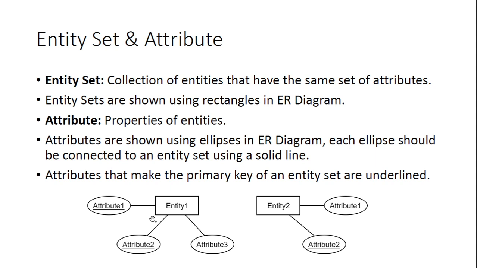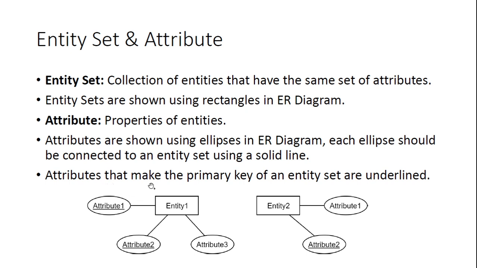For entity sets, we use the rectangular shapes, and the name of the entity set is written on top of this rectangular shape. And for attributes, we are using the ellipses. These ellipse shapes should be connected to entities. We are connecting them with solid lines, simple lines.